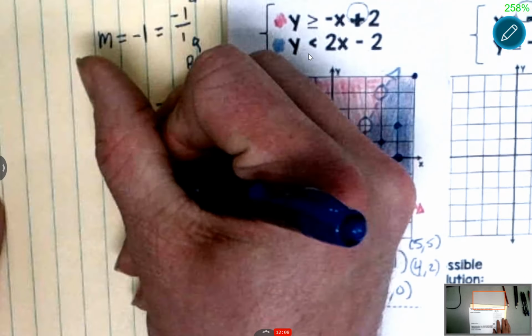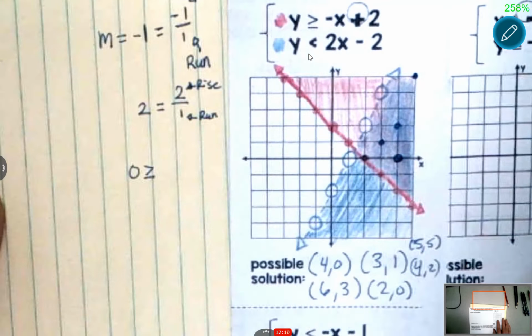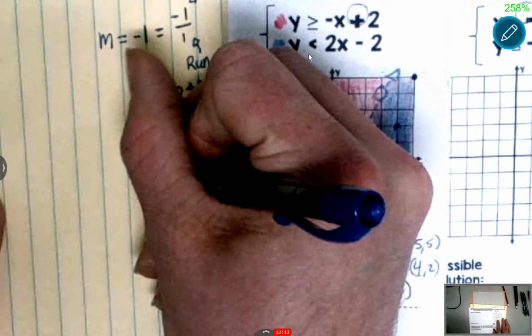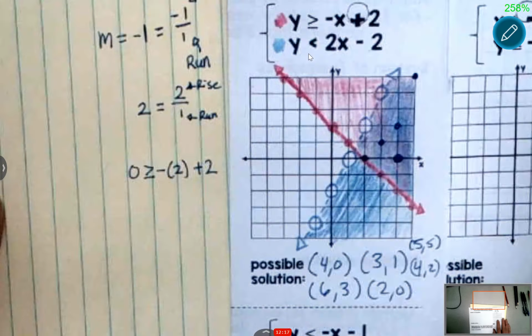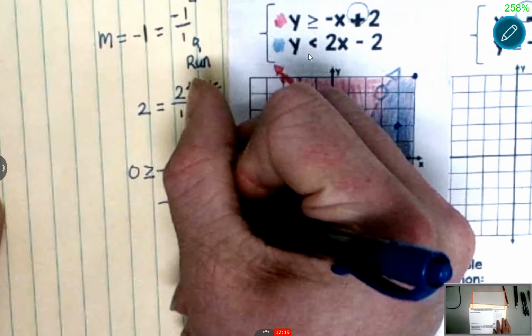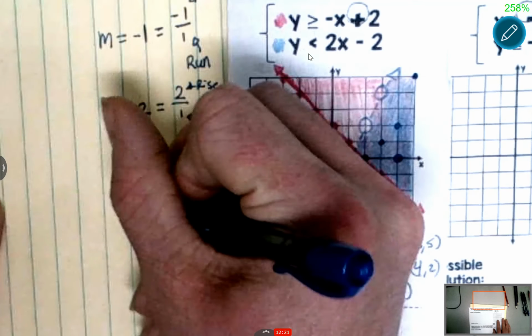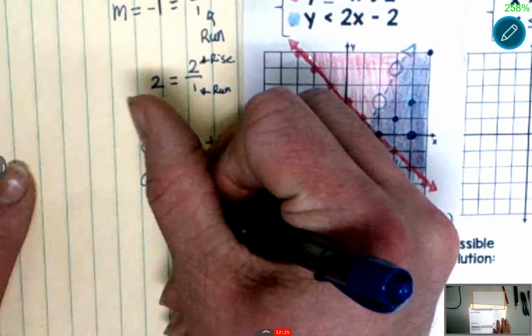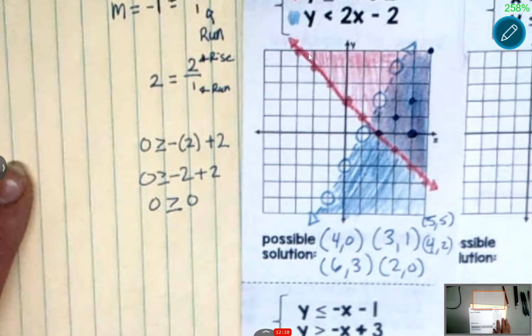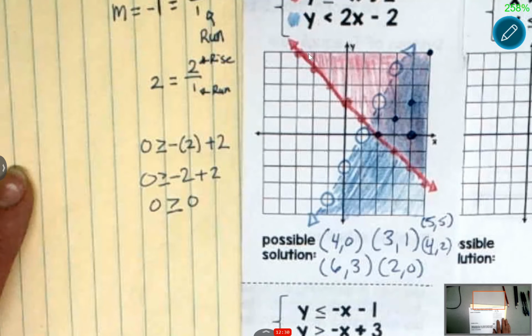So 0 is y. Y is greater than or equal to negative x plus 2. Negative 2 plus 2. And then negative 2 plus 2 is 0. So is 0 greater than or equal to 0?